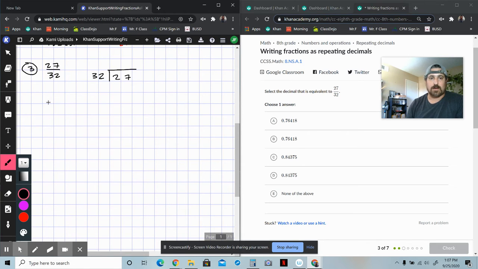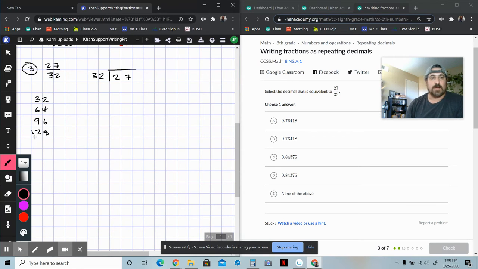Now you could make a little table for yourself over here, right? 32 is 1, and double that, you get 64, and then add 32 more to that, you get 96. And then if you add 32 more than that, you get 128, right? Because 96 plus 30 is 126, and then the 2 extra. So yeah, 128.